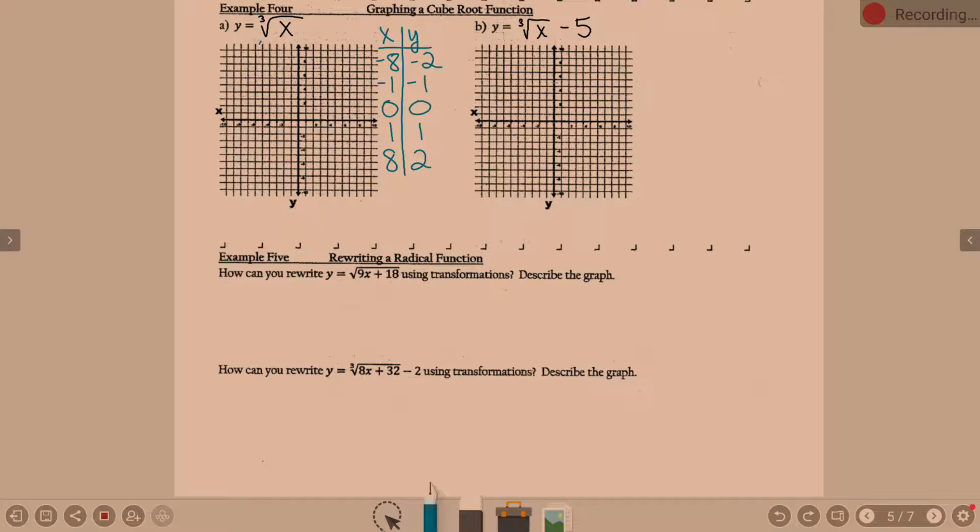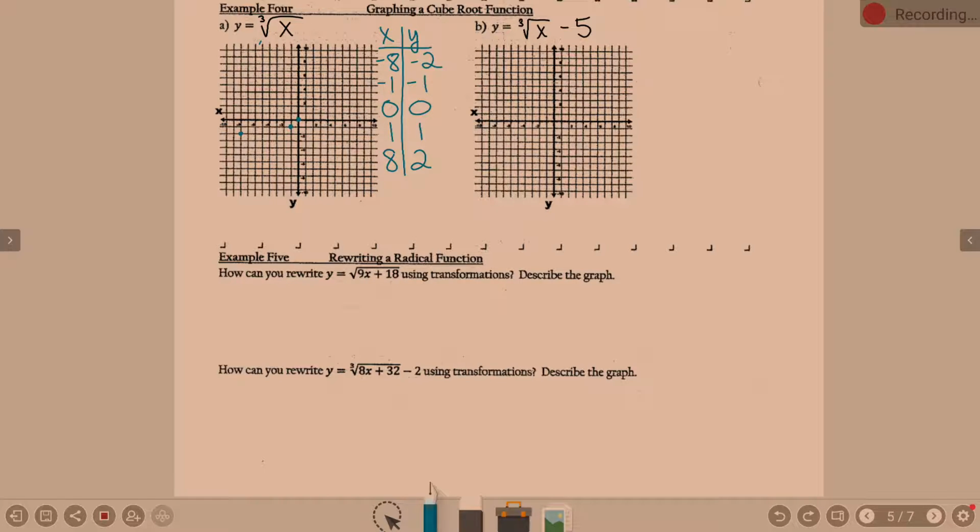Okay? So, let's graph it and see what it looks like. Negative 8, negative 2. I'm going to go left 8, down 2. Negative 1, negative 1. I'm going to go left 1, down 1. 0, 0. 1, 1.